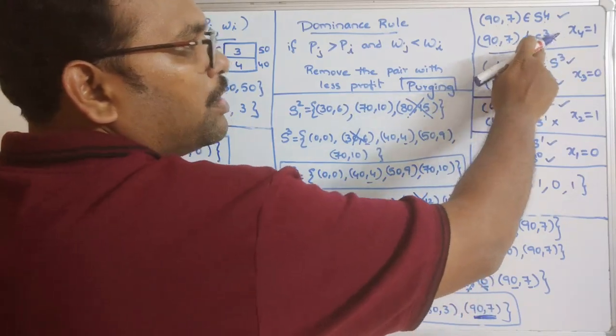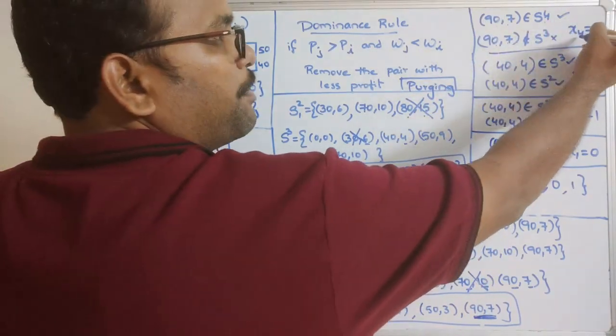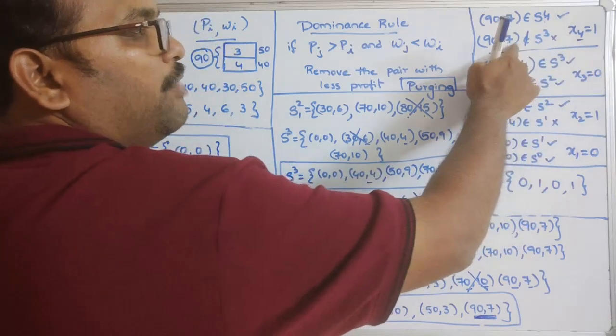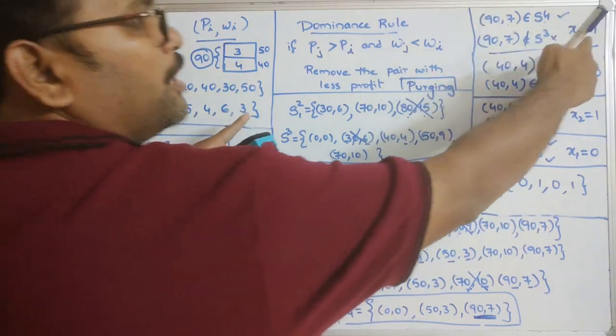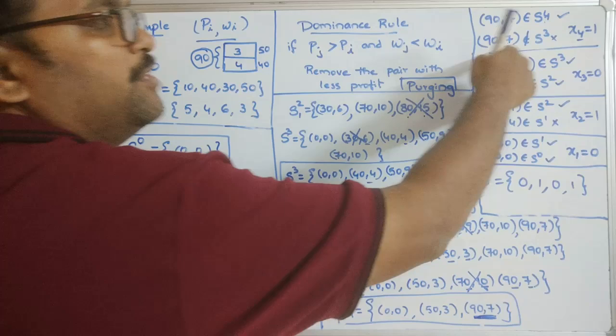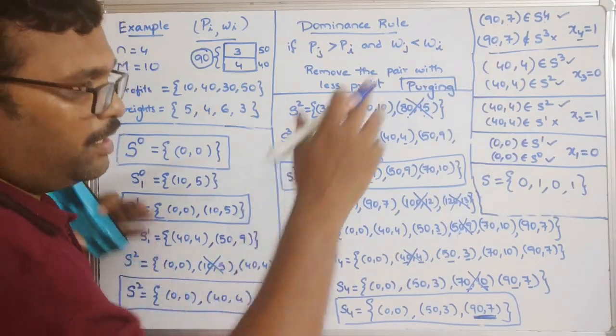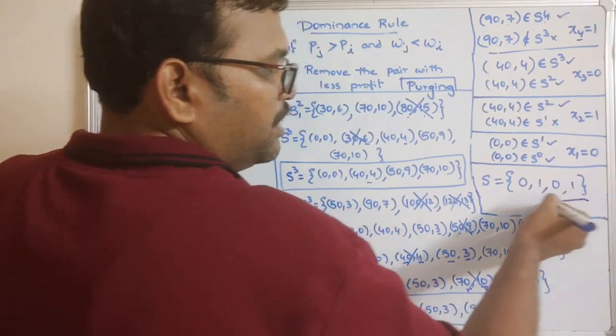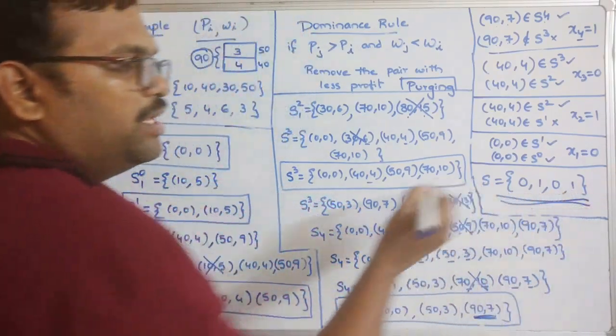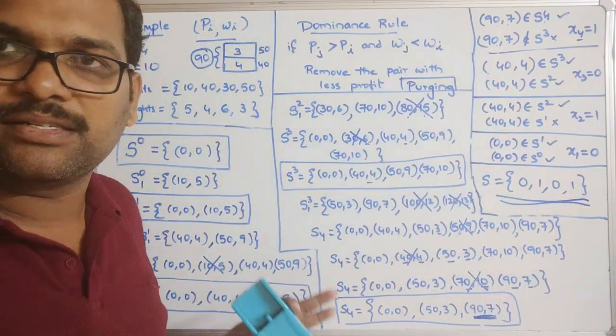And if not, then immediately we can move that particular weight, and we have to remove that particular weight and profit from the pair. Right? So like that, finally we will get the solution in either only zeros or ones.